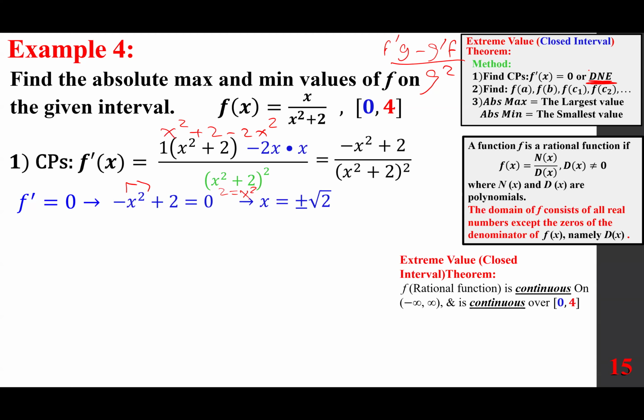F prime does not exist when the denominator is 0. And we showed that x squared plus 2 can't be 0, so when you square it, it can't be 0 either. So f prime does not exist gives us no solutions.